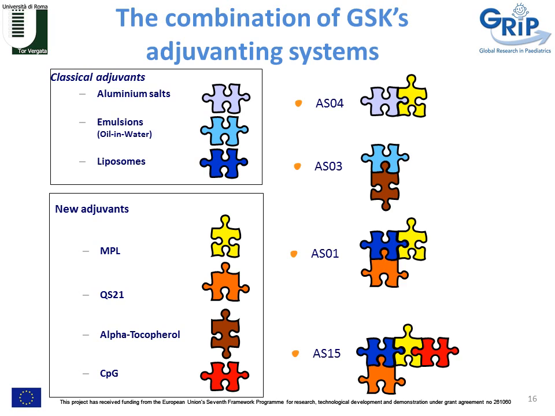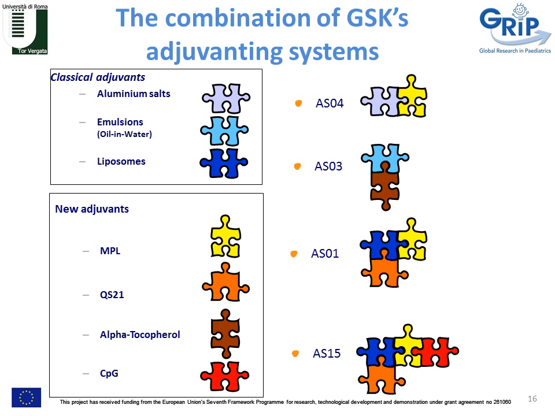Slide number 16 points out how GSK, one of the major manufacturers of vaccine antigens as well as adjuvanting systems, actually uses these novel options in order to enhance immune responses against known and new vaccine antigens.